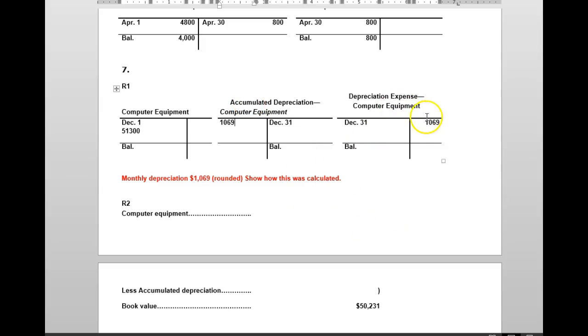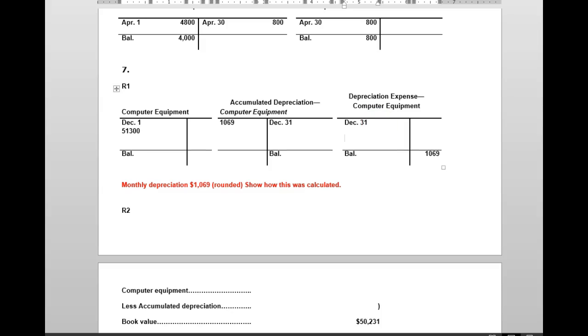So now I've incurred the expense. My balance in this account is 1069, and I did that backwards, guys, and you let me do it. I should have confused you. Okay, so this should be 1069, and my balance is here. Don't pay attention to your teacher.